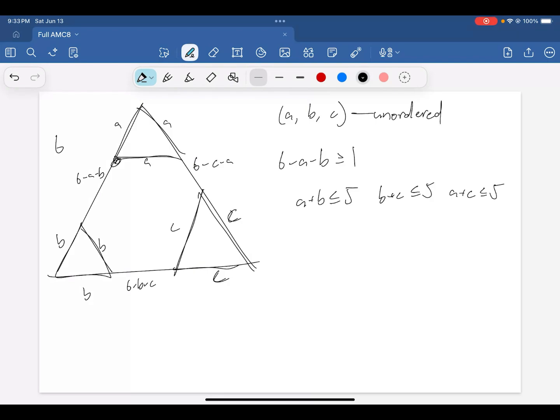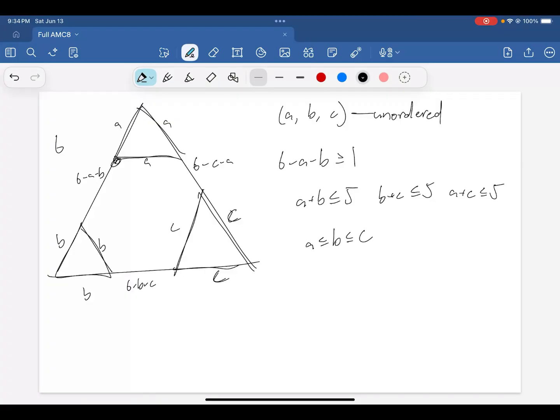A, B, and C are also positive. A good way to count this is to do casework on some constraint. So let's just say that A is greater than or equal to B is greater than or equal to C, because it's unordered, doesn't matter.